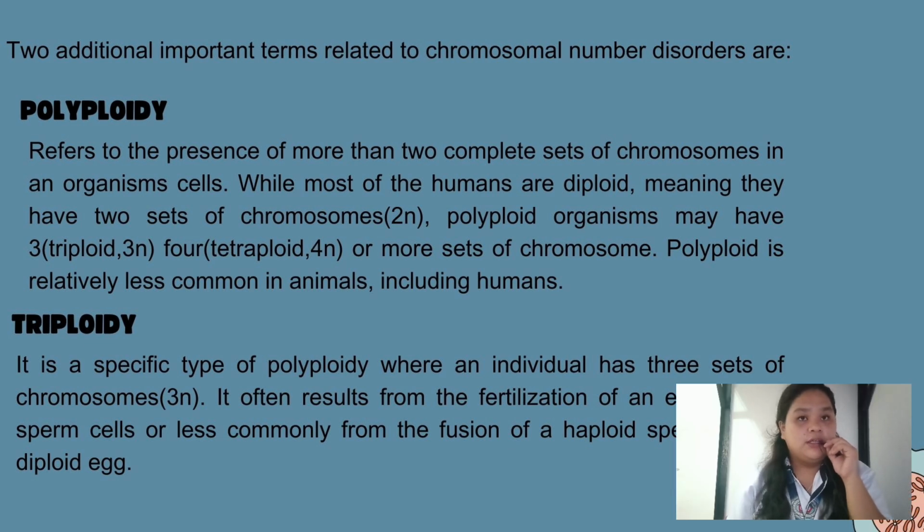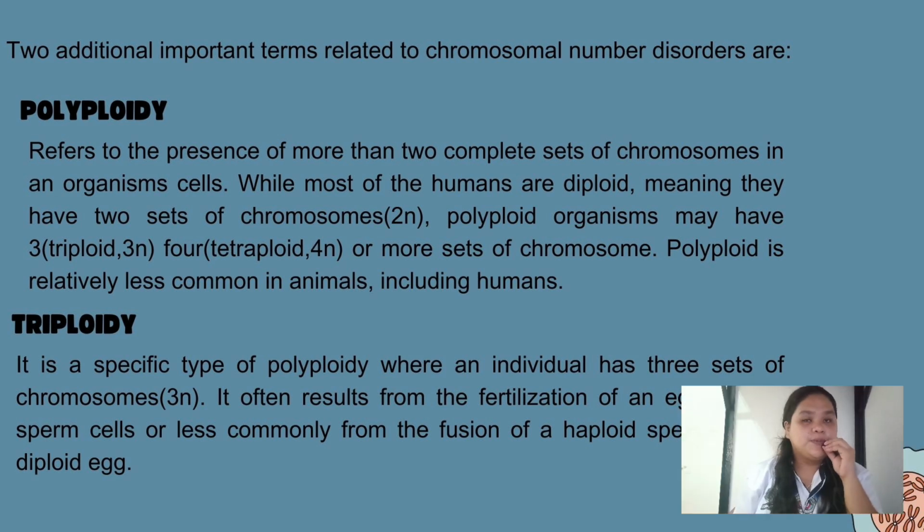There are two additional important terms related to chromosomal number disorders. These are polyploidy and triploidy. So let's proceed to polyploidy. The term polyploidy is a general term for a chromosomal alteration in which an organism has two or more complete sets.